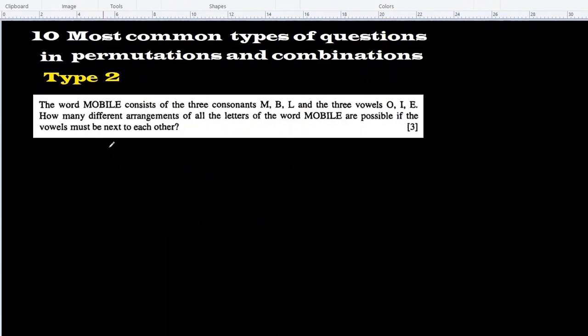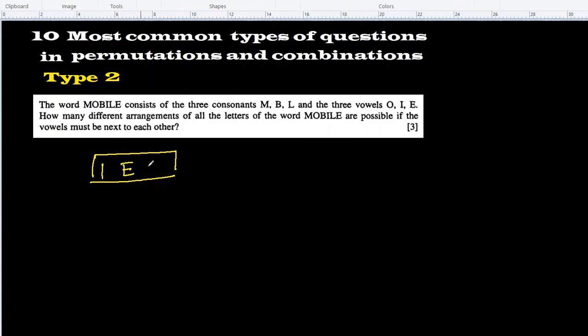Type 2. The word mobile consists of 3 consonants M, B, L and 3 vowels O, I, E. How many different arrangements of all the letters of the word mobile are possible if the vowels must be next to each other? In such a case, what should we do? Let's put the vowels next to each other and put a box around them.